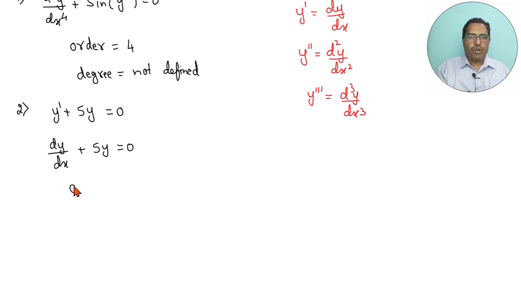Therefore, the order of the given differential equation is 1. And the power of this first order derivative is 1. Therefore, the degree of the given differential equation is 1.